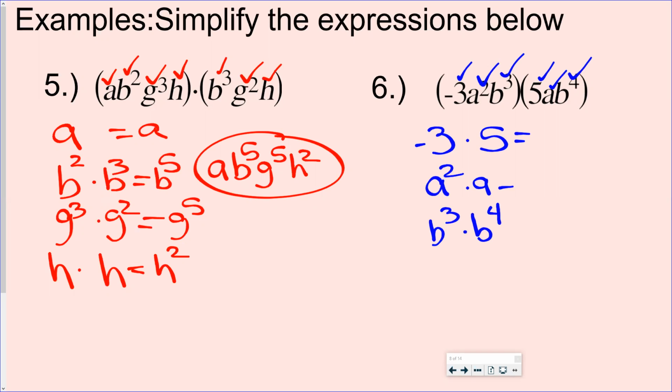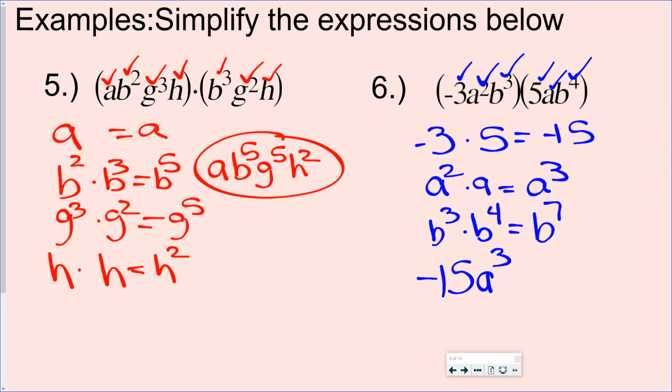See what each of these equal. -3 times 5 is -15. a2 times a is a3. b3 times b4 is b7. So what's my final answer? Negative 15, a3, b7.